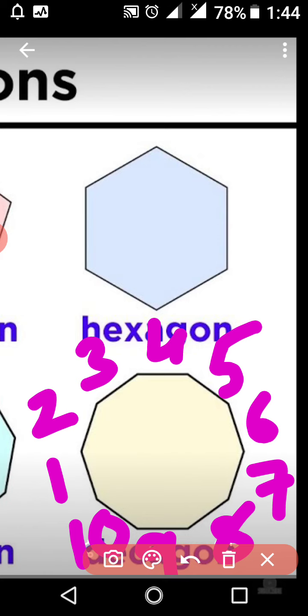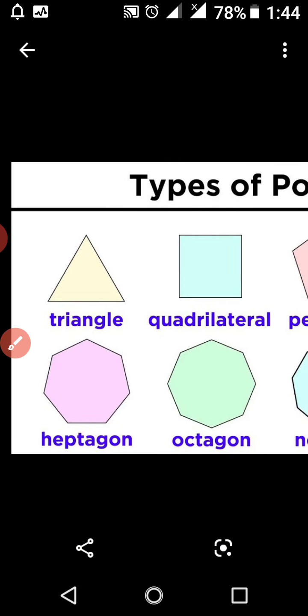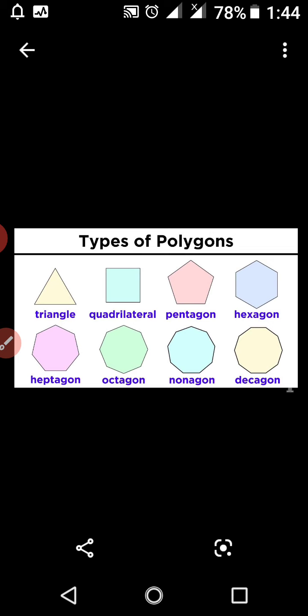Like this, polygons are named depending on the number of sides they have. First one, if a polygon has 3 sides, it is known as a triangle. If it has 4 sides, a quadrilateral. If it has 5 sides, a pentagon. If it has 6 sides, a hexagon.